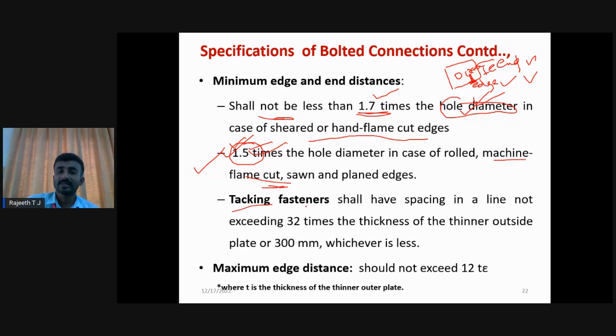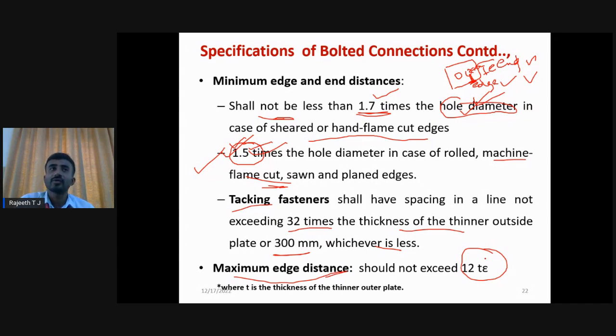For bolts connecting for tacking purposes, the edge distance should be a maximum of 32 times the thickness of the thinner plate or 300 mm, whichever is less. The maximum edge distance we can provide here is 12 times T times epsilon, where epsilon is the square root of fy by 250.